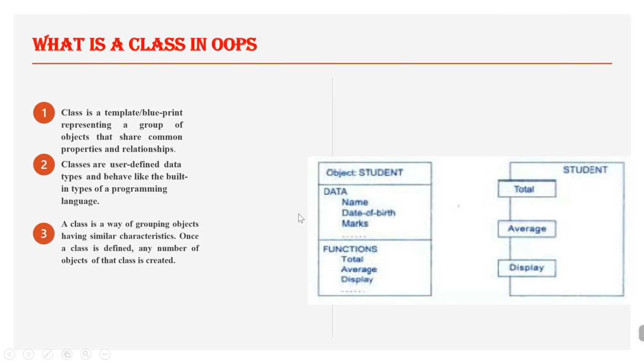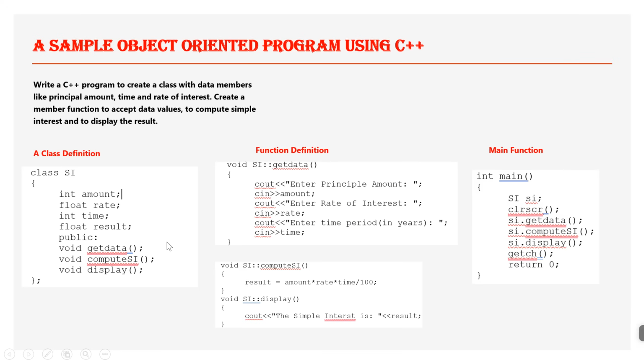As in previous discussions, we can define any number of objects which share common properties or similar characteristics. Here, same thing. If I declare SI, comma, A, they are objects of class SI and the same properties are being shared.